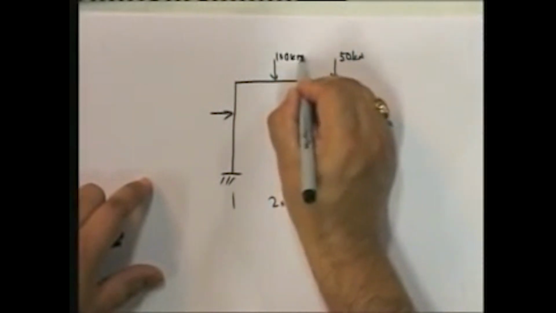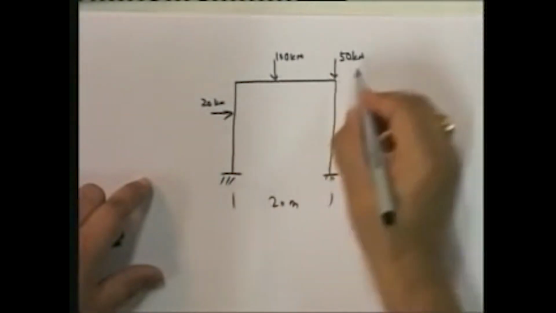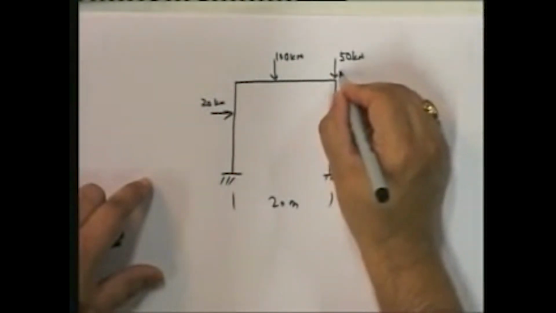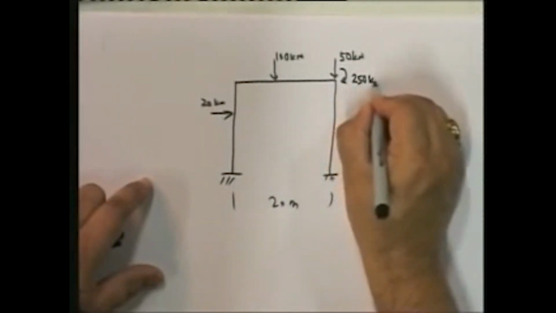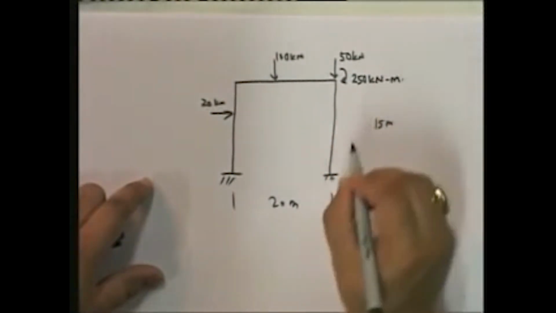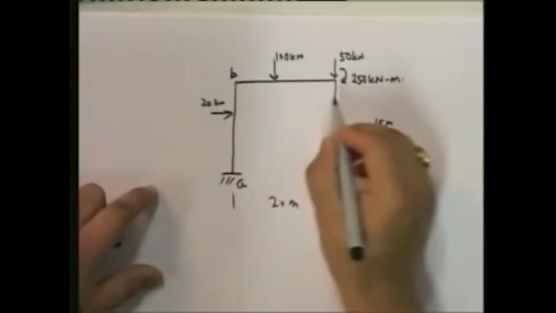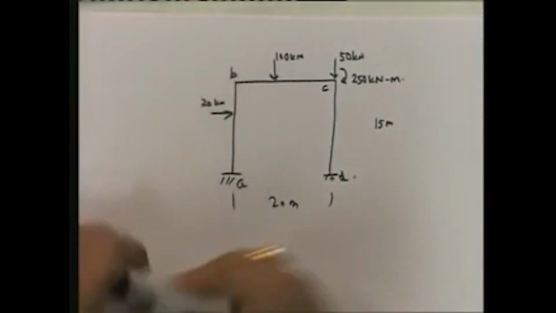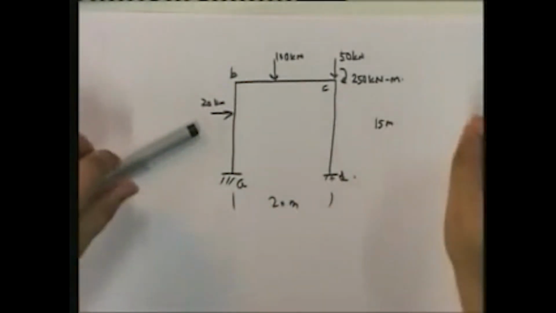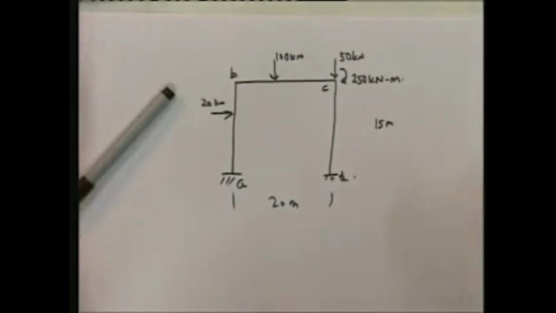But just transferring the load is not good enough. For an equivalent load system, I also have to transfer a moment, and the moment is equal to 250 kilonewton meter. So now I am solving A, B, C, D. This is the problem that we have to solve using the displacement method.